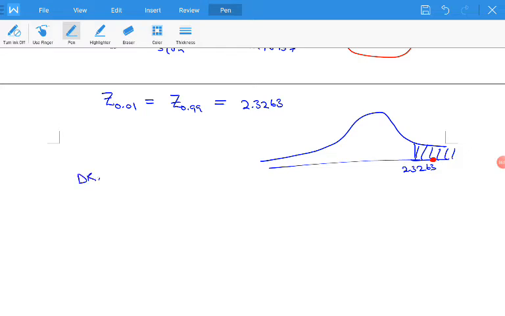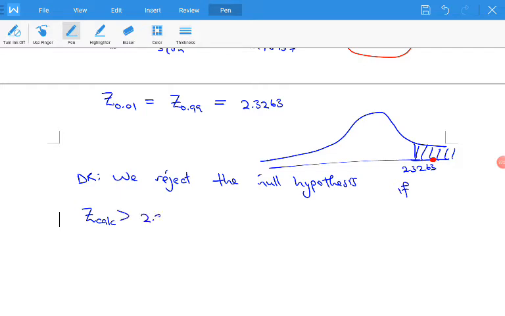So decision rule, we reject the null hypothesis if zcalc is greater than 2.3263, the critical value.